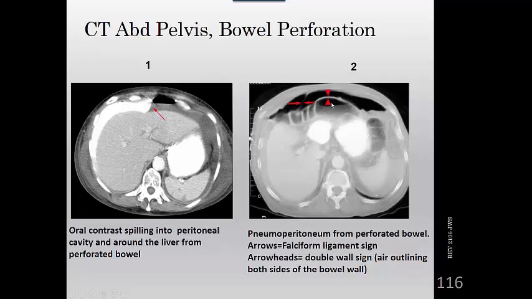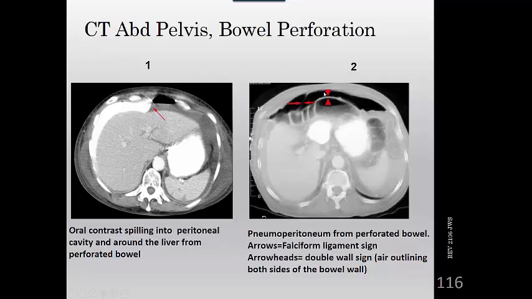The arrows indicate the falciform ligament here, and the falciform ligament connects the liver to the abdominal wall. When it's outlined by air, as it is here, that's a sign that there's free air in the supine patient. Make sure the patient's supine, but when you see the falciform ligament outlined with air, then you know there's a bowel perforation.